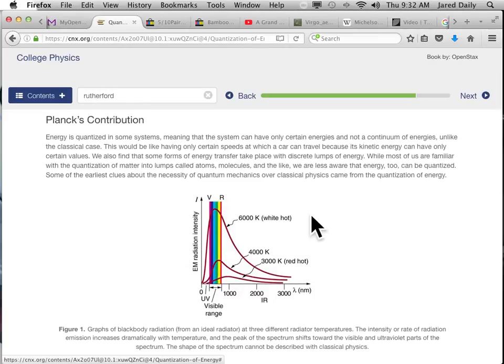Okay, so moving on. We start off with Max Planck. Max Planck was doing some experiments with thermodynamics. In thermodynamics, there is this idea that light and heat are related to each other. So if you heat up an object, if you make an object hot, it begins to glow.